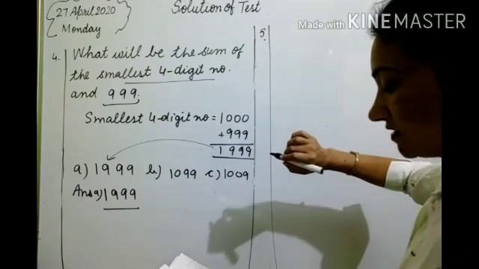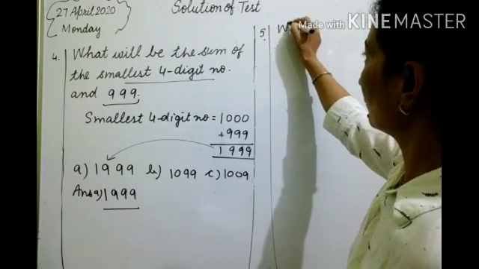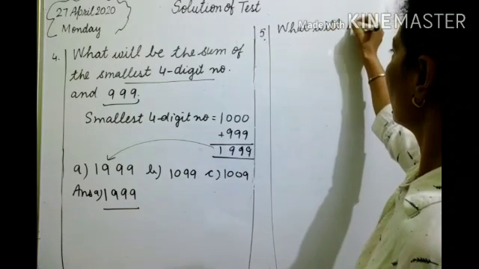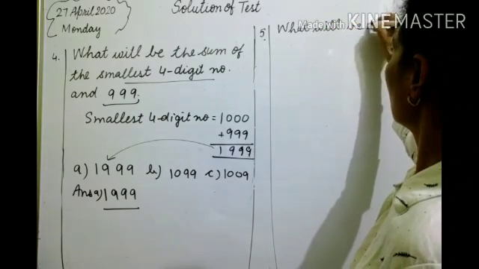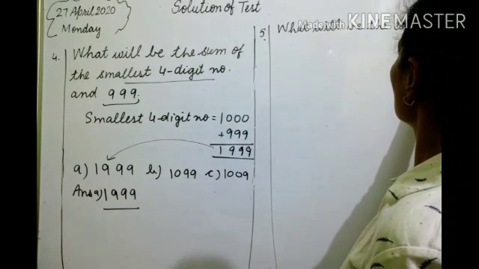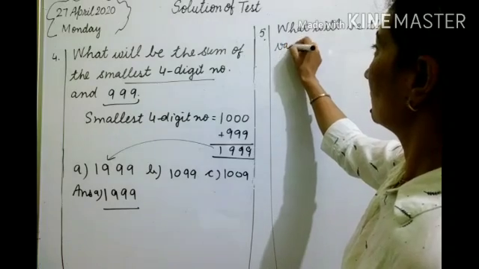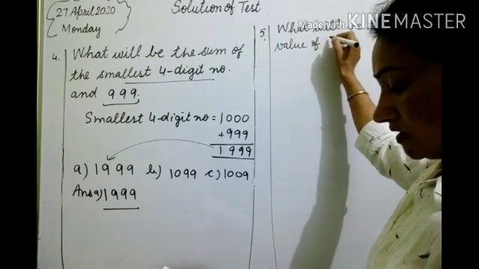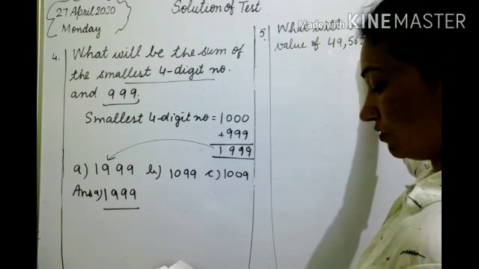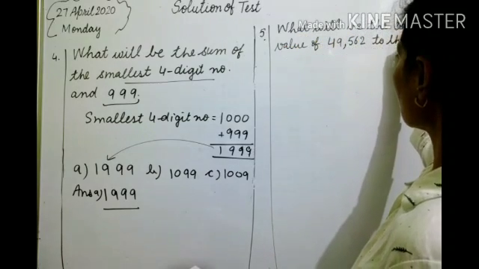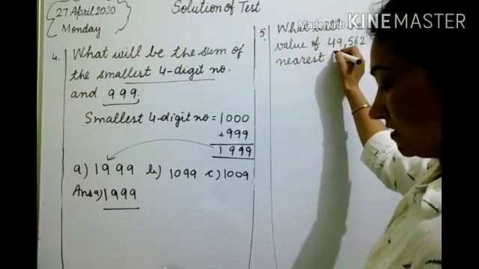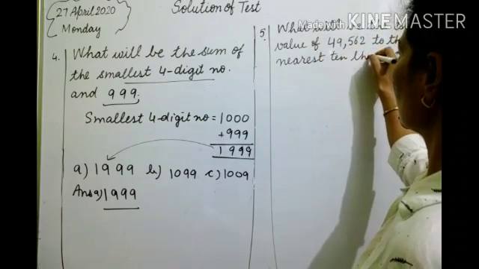What will be the estimated value of 49,562 to the nearest 10,000?